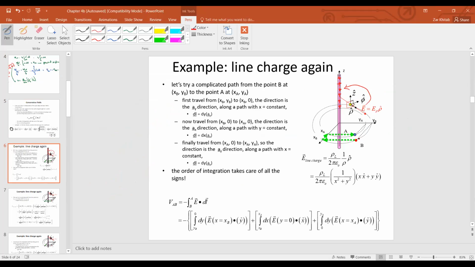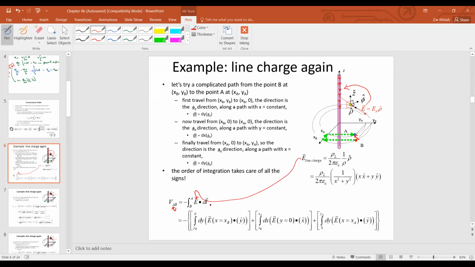So if you try to move something from here to here, okay, so you need to do some work. Okay, that work must be negative from B to A. Okay, it goes this way from B to A. Okay, so you have to do some work in that context.